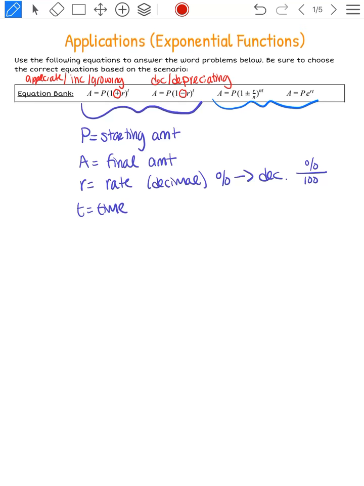Then we have our other 2 formulas here, and we are going to use those for usually more problems talking about finances and growth that happens not just once a year, but maybe happens a couple times a year. So we call it compounding interest.